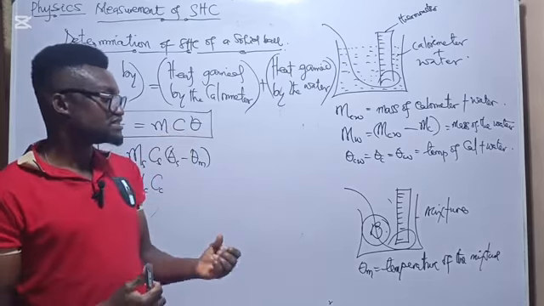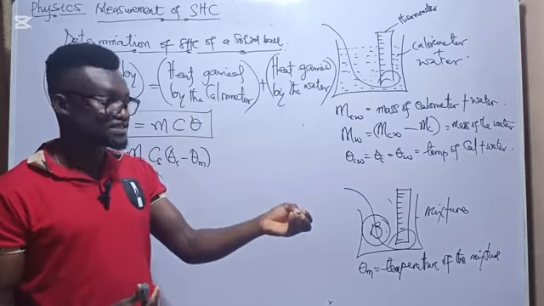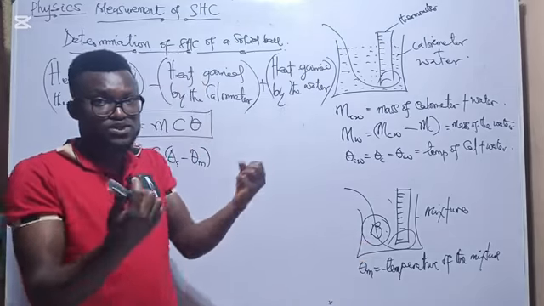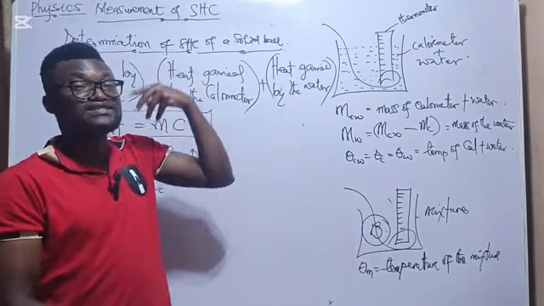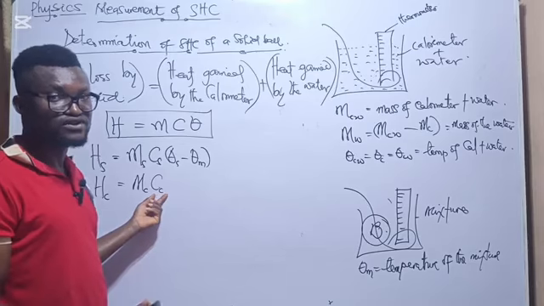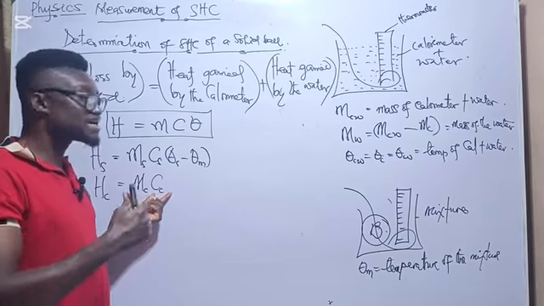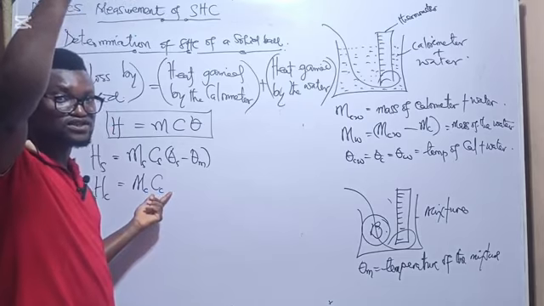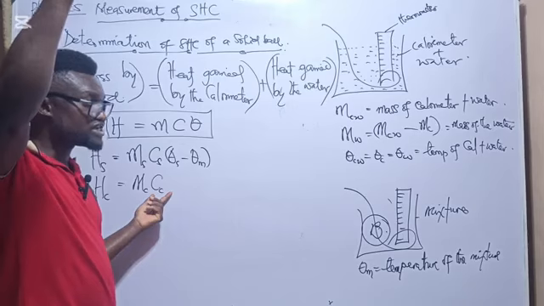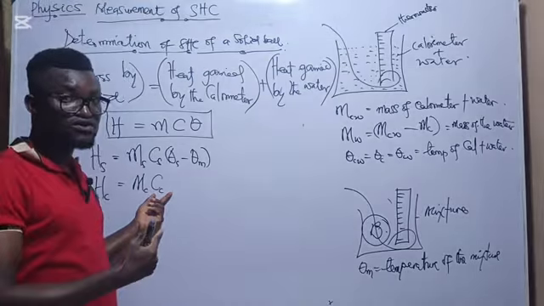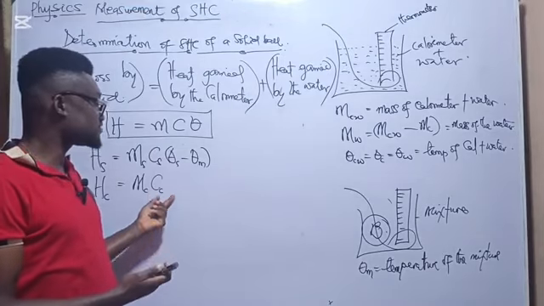But since the hot solid has transferred its heat, the calorimeter and the water will absorb the heat, thereby increasing in temperature. So in order to get the temperature difference of the calorimeter, the temperature of the mixture minus the initial temperature of the calorimeter will give the temperature difference.